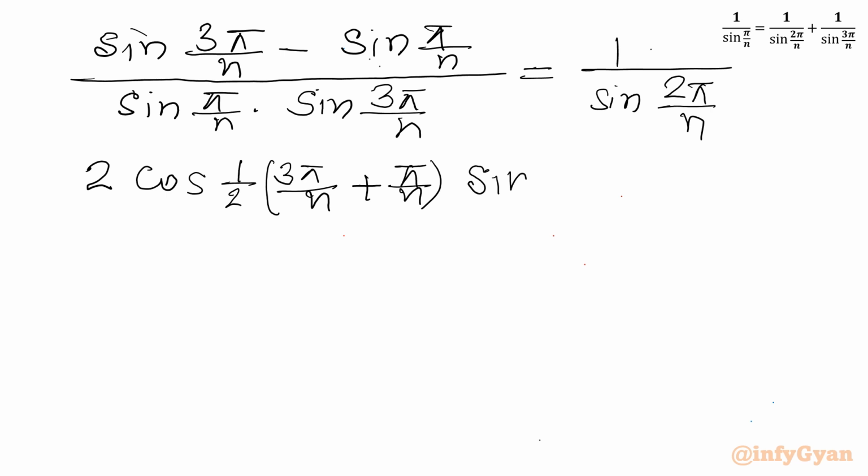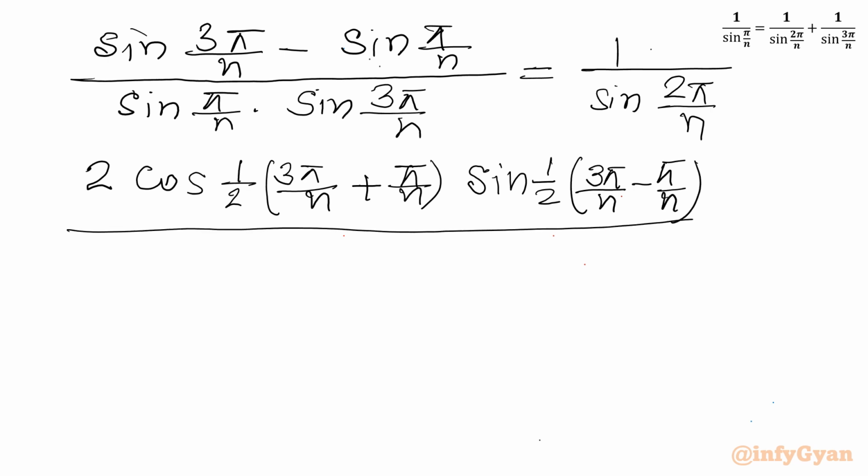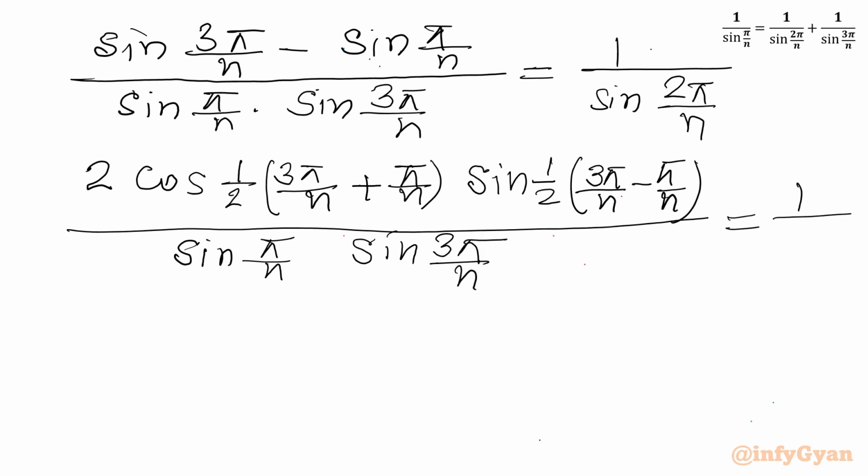Now sine of C minus D by 2. So by 2 is here, and here I will be writing 3 pi by n minus pi by n, divided by sin pi by n, sin 3 pi by n, equal to 1 over sin 2 pi by n. So if I add these two, then 4 pi over n, half is outside, so it will become 2 pi over n.